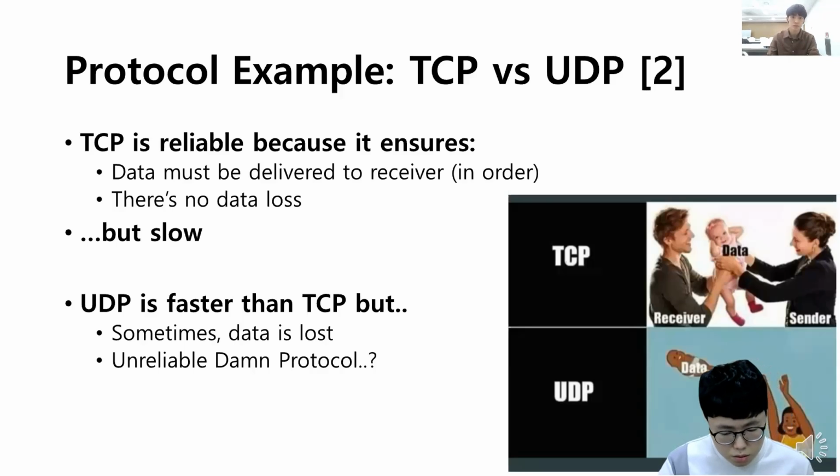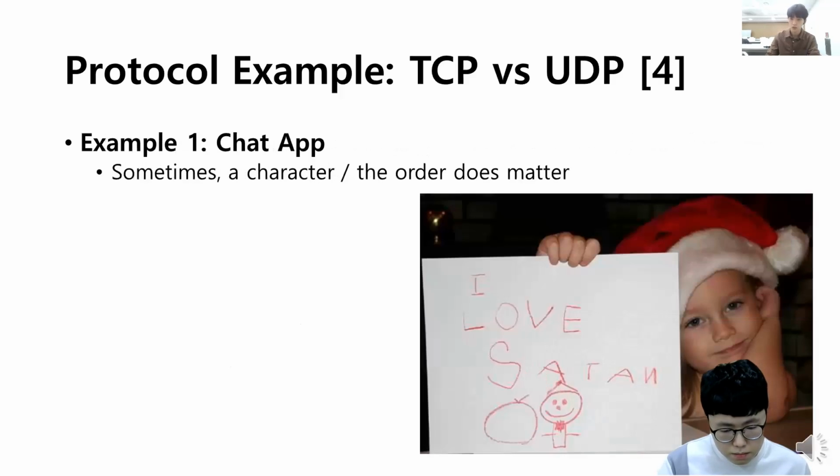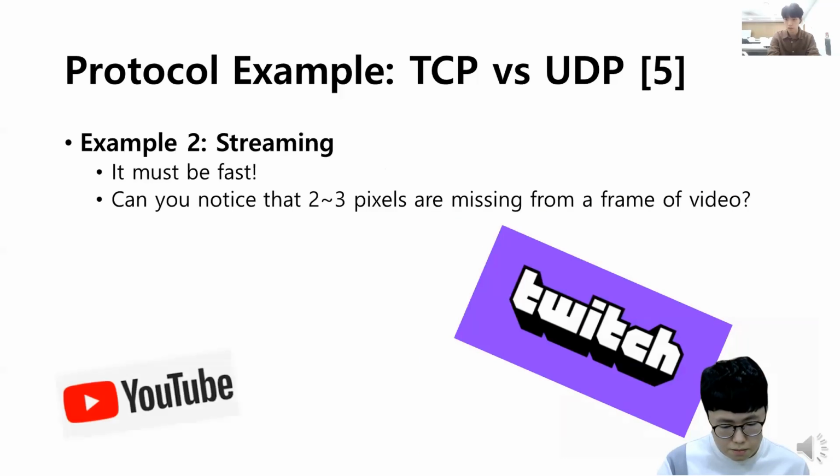So we will see some examples. If you think about a chatting application like WhatsApp or Telegram, you must not lose a message. So in this case, we use TCP. And for another example, think about streaming sites like YouTube or Twitch.